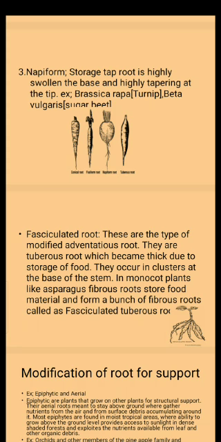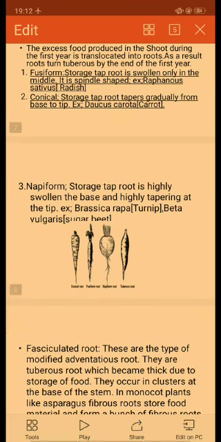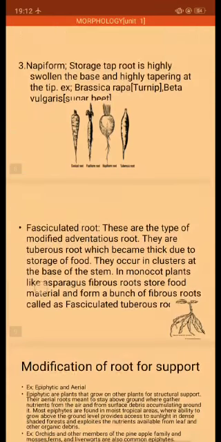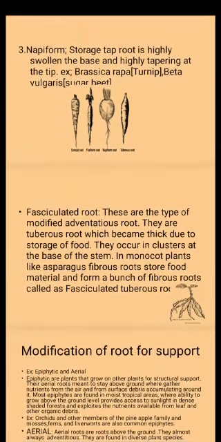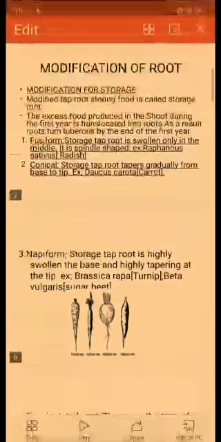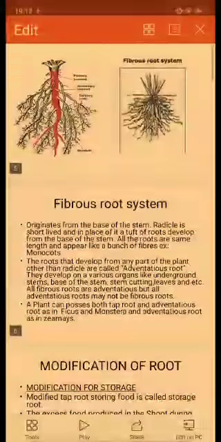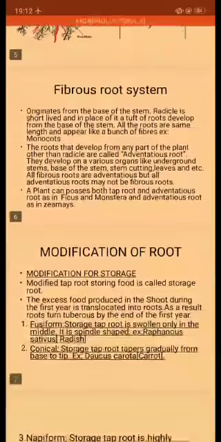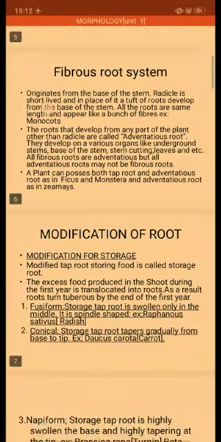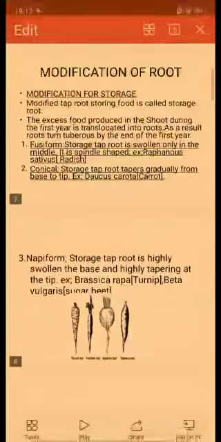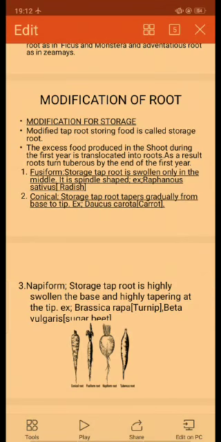Dear students, this is the first slide of the root modification. In the second slide, you can study the modification of root for support. Here what you studied: what is root, what are the types of roots, what is taproot system, what is fibrous root system, and the root modification for storage.